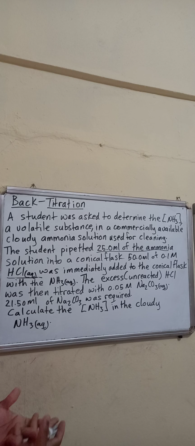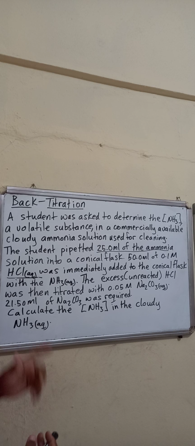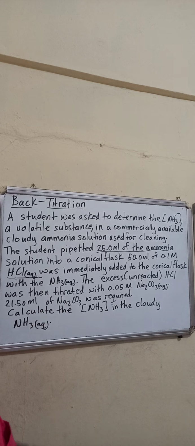So let's look at this question. It says a student was asked to determine the ammonia concentration. Remember, square brackets mean concentration. Ammonia is a volatile substance, so that is why we do a back titration.